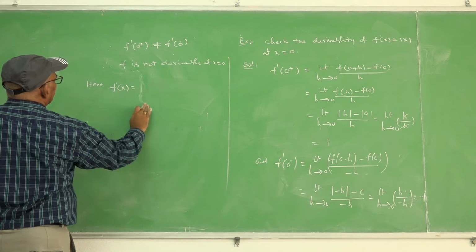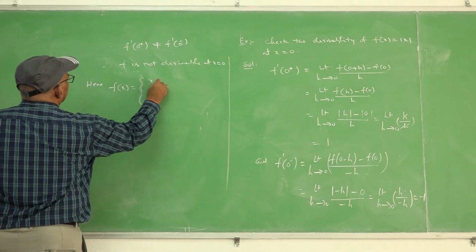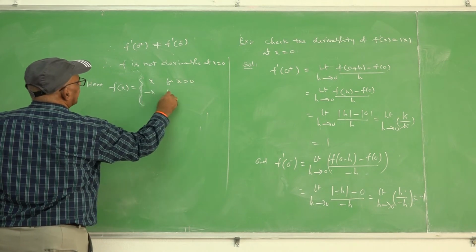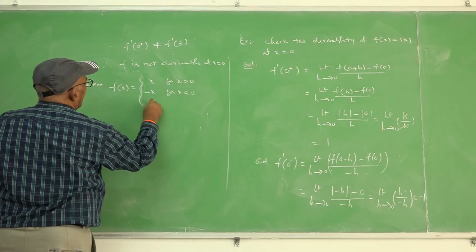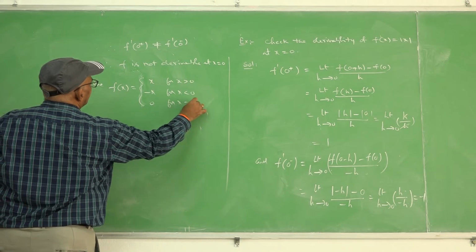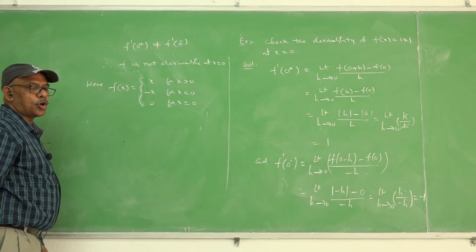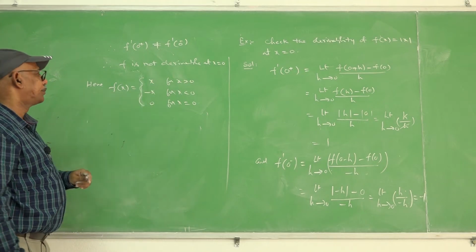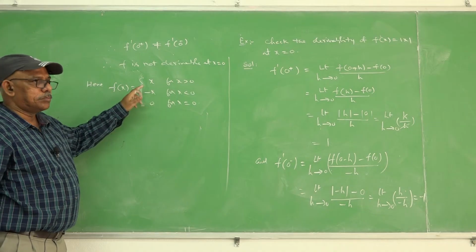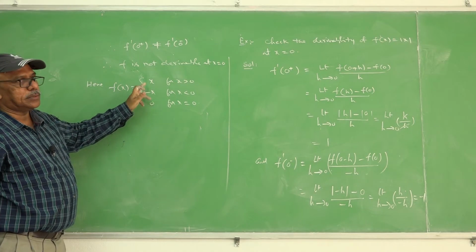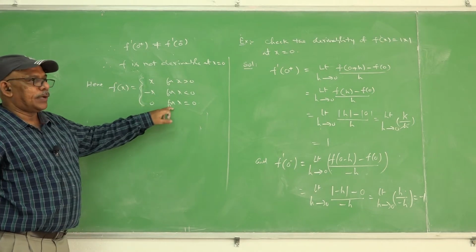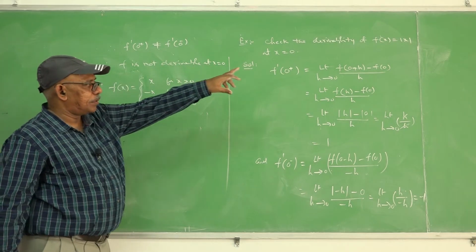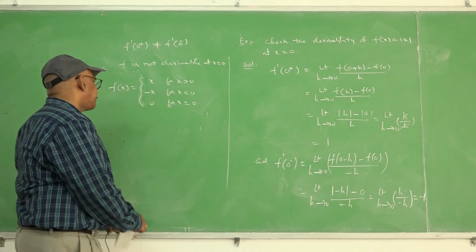Mod x means x for x positive, minus x for x negative, and 0 for x equal to 0. That is the definition of mod x. Once x is positive, mod x is x. Once x is negative, modulus of x is minus x. For x equal to 0, f x is 0.